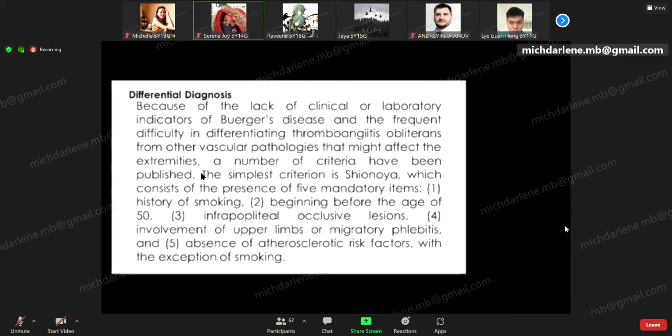The simplest criterion, by Shionoya, consists of the presence of 5 mandatory items: first, history of smoking; second, beginning before the age of 50; third, infrapopliteal occlusive lesions; fourth, involvement of upper limbs or migratory phlebitis; fifth, absence of atherosclerotic risk factors with the exception of smoking.